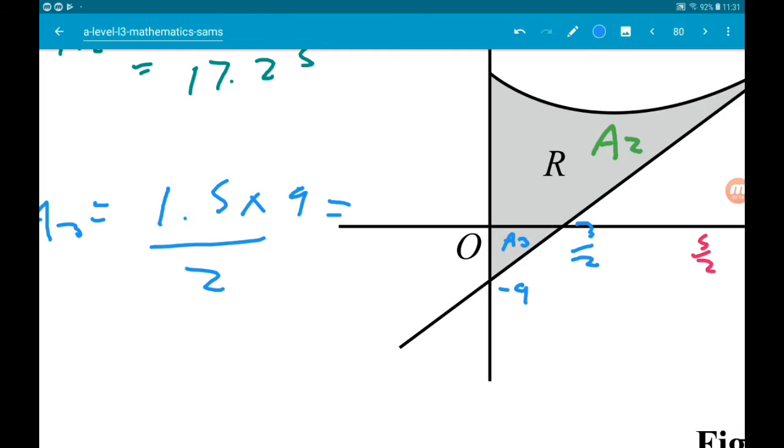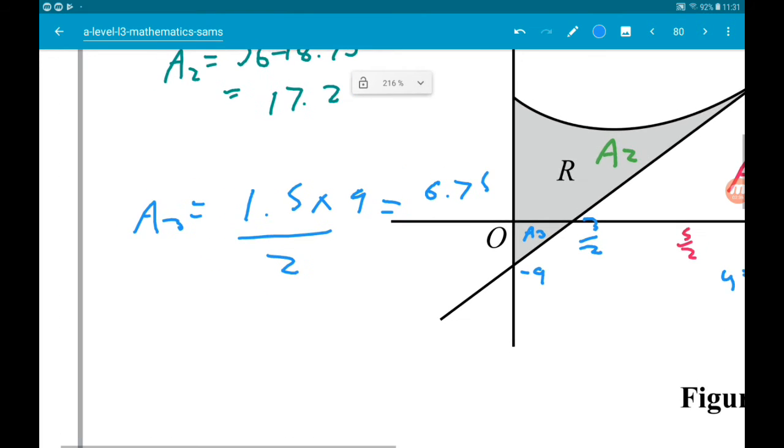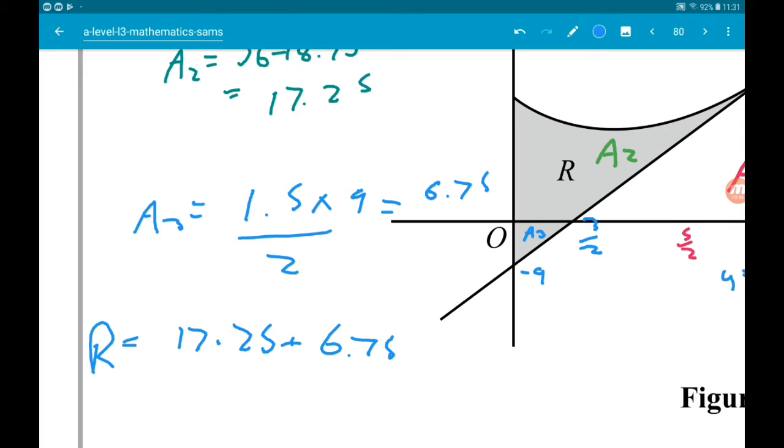Now that gives us 6.75. So then A2 or R is 17.25 add 6.75, which very happily is 24.